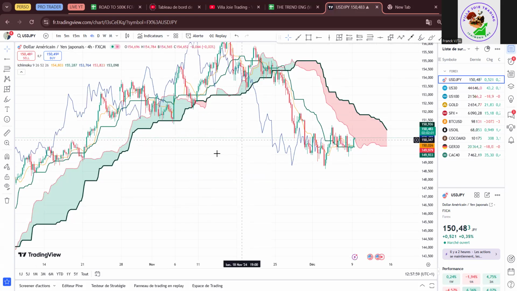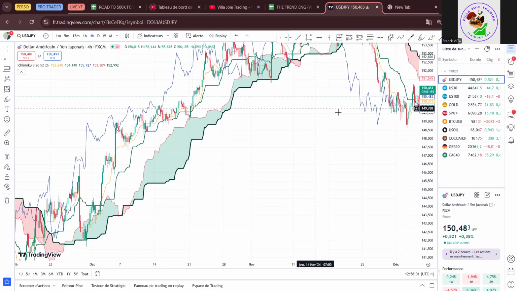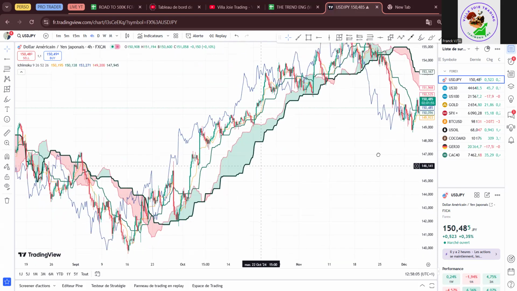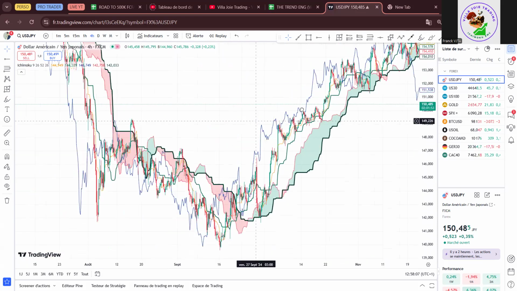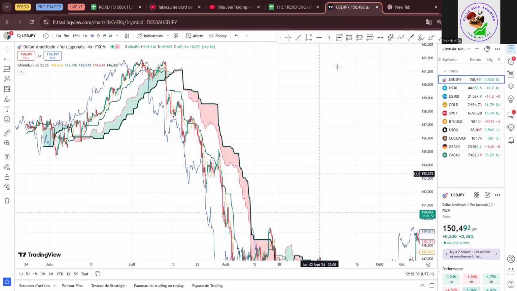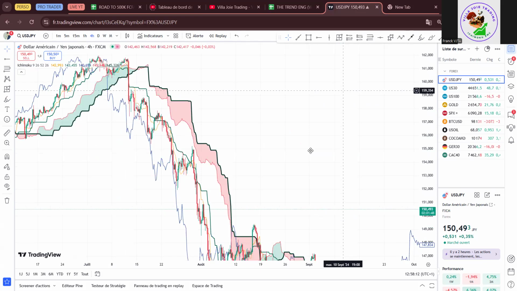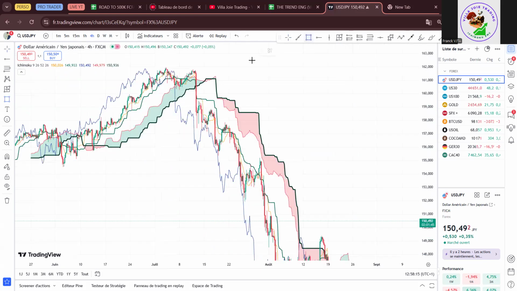Now let me show you how to identify the trend with a break of roof. So let me take this downtrend. You take a rectangle and place it like this.